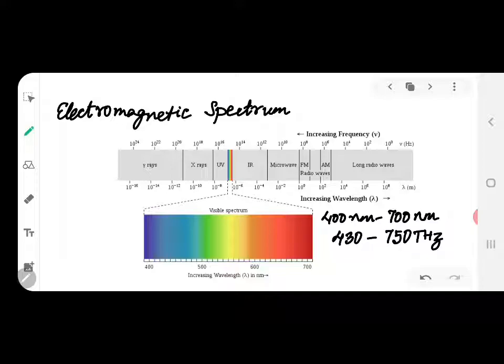EMR in the visible light region consists of quanta called photons that are at the lower end of the energies that are capable of causing electronic excitation within molecules, which leads to changes in the bonding or chemistry of the molecule.